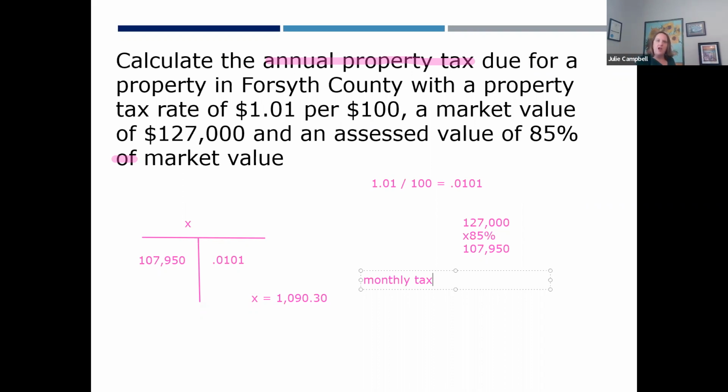Annual taxes. But if the problem asks me for monthly, don't I have to take that annual tax bill and take it a step further? How many months in a year? 12. So if this problem were to ask for monthly, I would just take my annual, divide by 12. And I'm getting like $90.86, something like that.